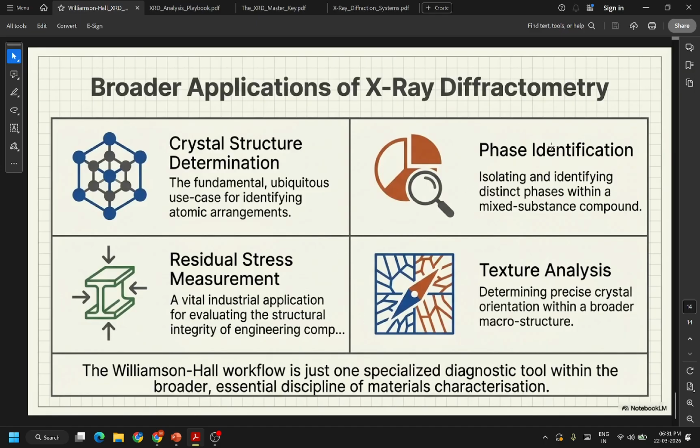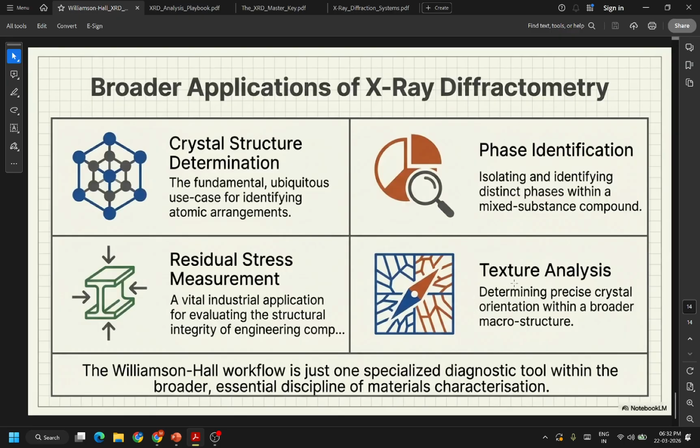Then it can be used for phase identification, for isolating and identifying distinct phases within a mixed compound. So if you have a compound where you have mixed two or three phases of the same material or different materials, then by looking into the peaks, you can calculate the composition.